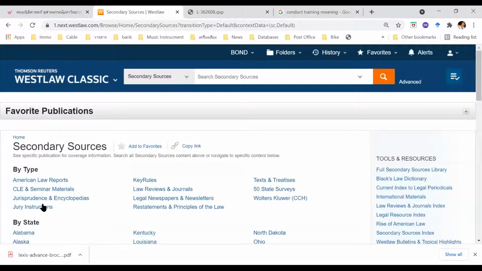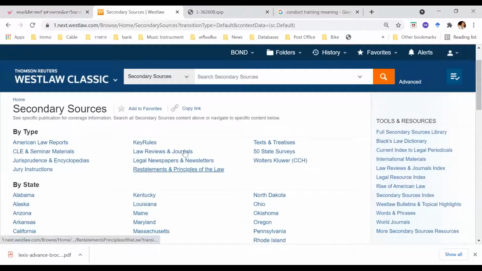So the secondary source, as I just told you, you can start by searching law reviews and journals. This is only US law reviews and US journals. If you think that is not enough for you, and it does not include international journals or international law reviews, and you need more outside the US, I recommend you use World Journals.